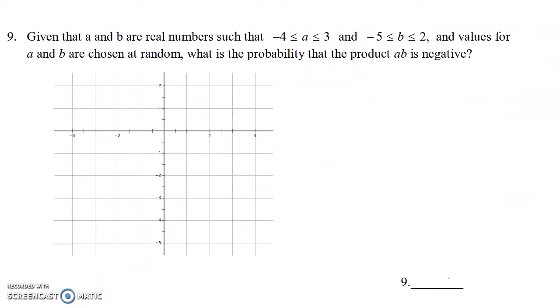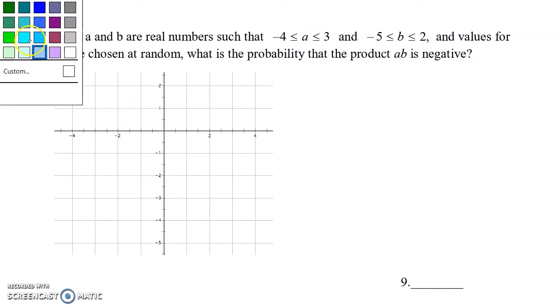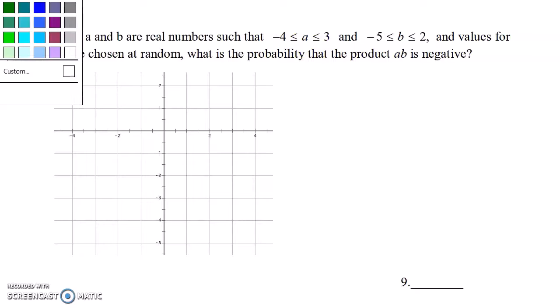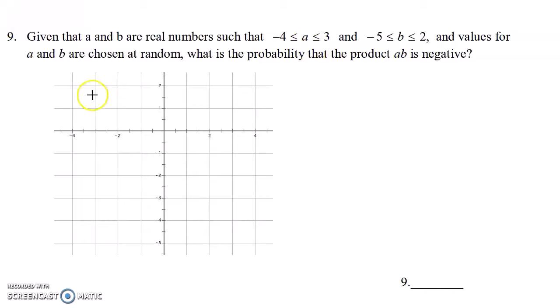Given that a and b are real numbers, such that a is between, I'm going to do it this way, -4, so that's 1, 2, 3, 4, and 3.